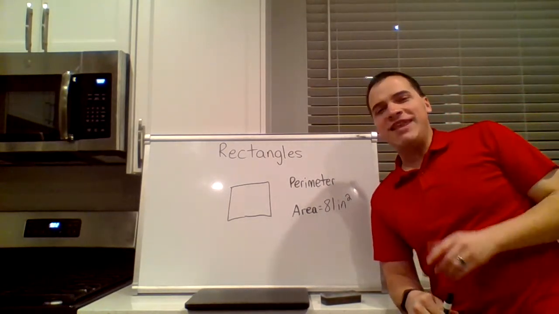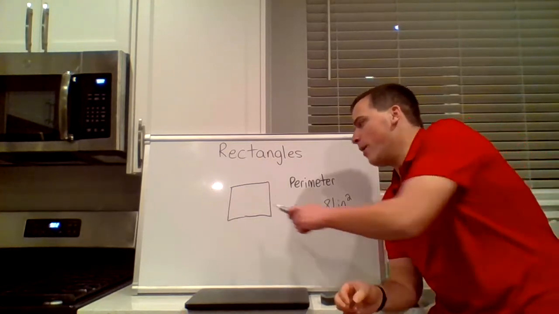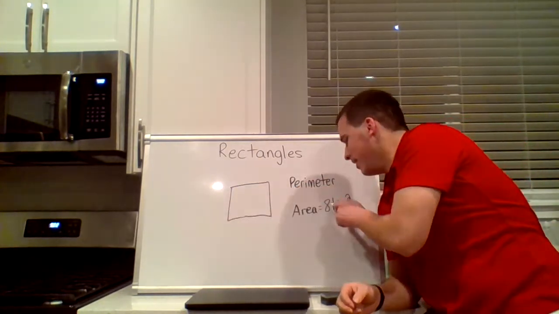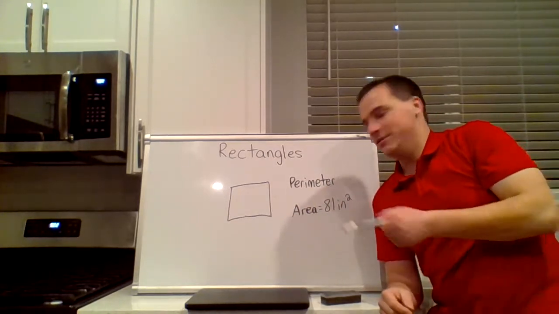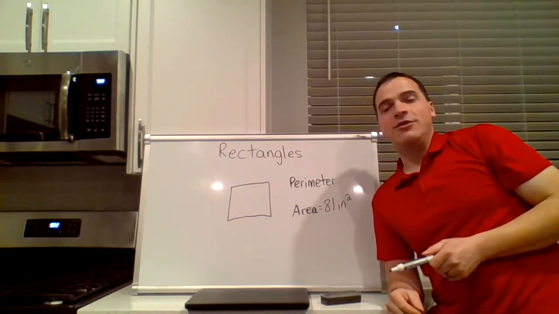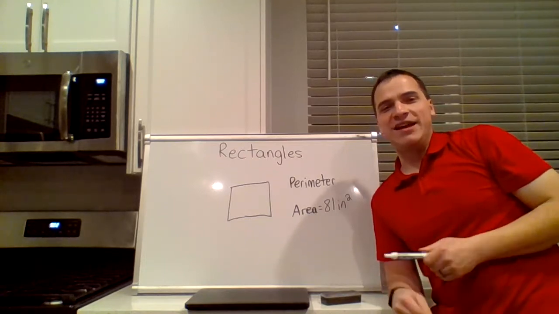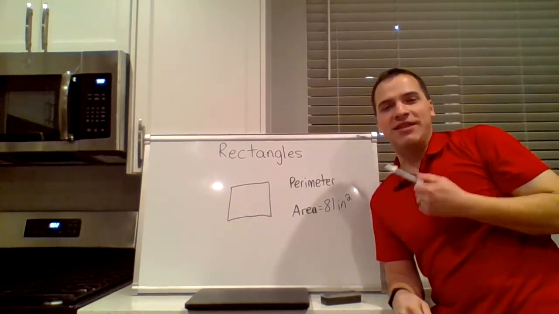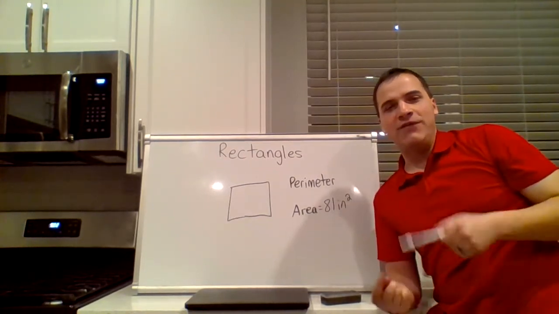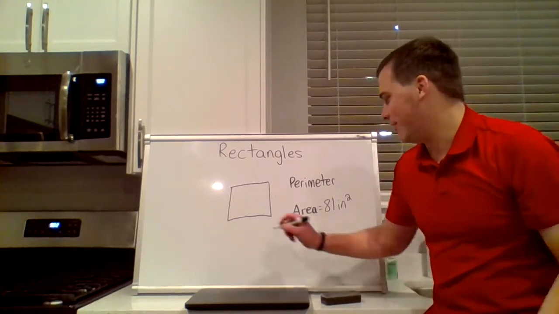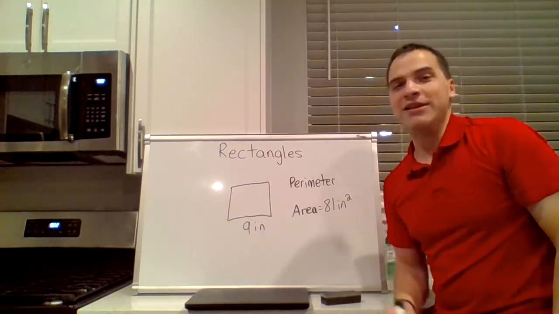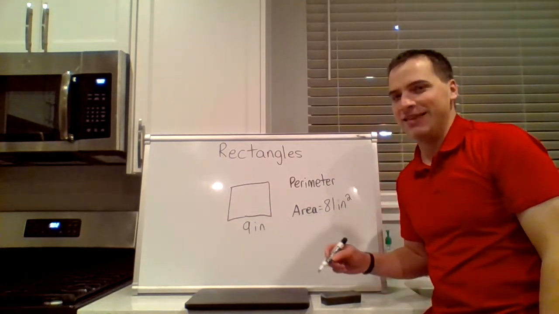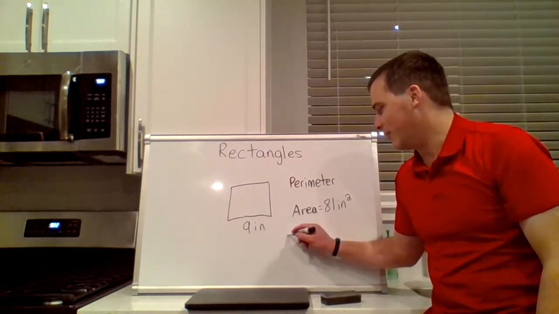Now we're going to find the perimeter. To do that, you're going to find what number times itself is 81. So for instance, 1 times 1 is 1. That doesn't work. 2 times 2 is 4. That doesn't work. 3 times 3 is 9. That doesn't work. If you keep going, eventually you find the answer is 9 inches. If you can't do that in your head, there's a fancy button in the calculator called the square root button.